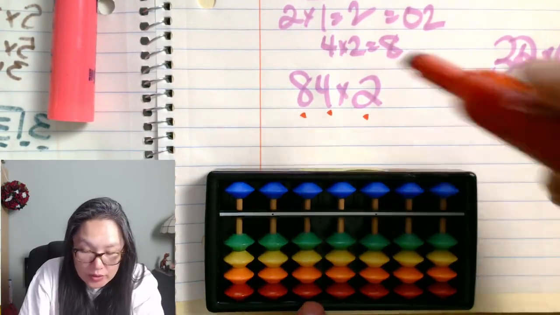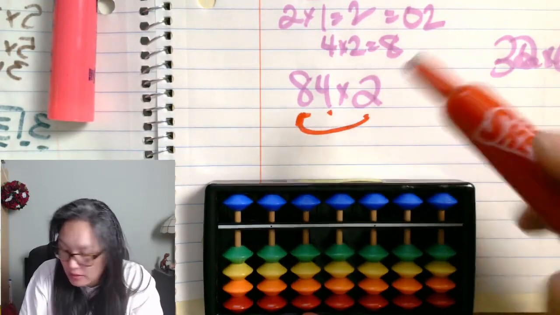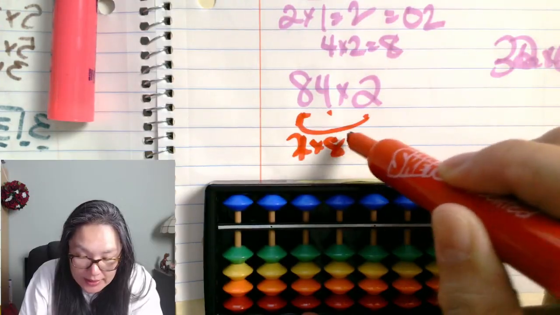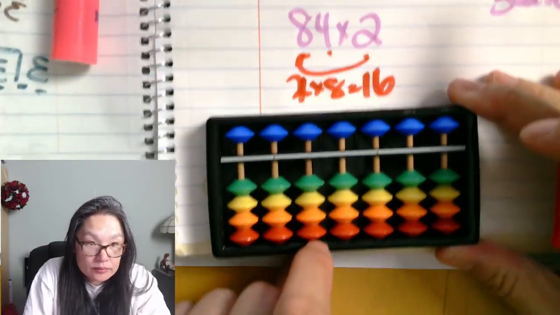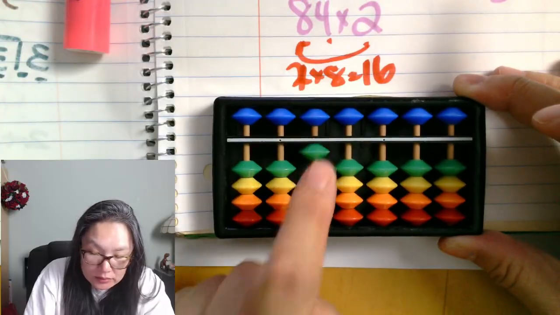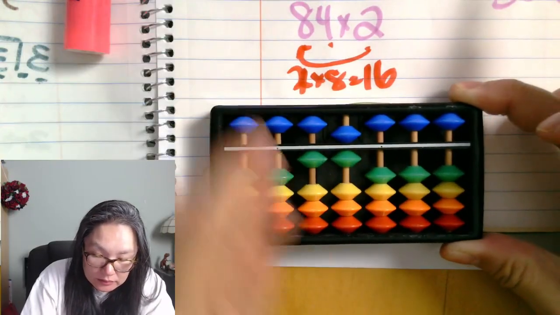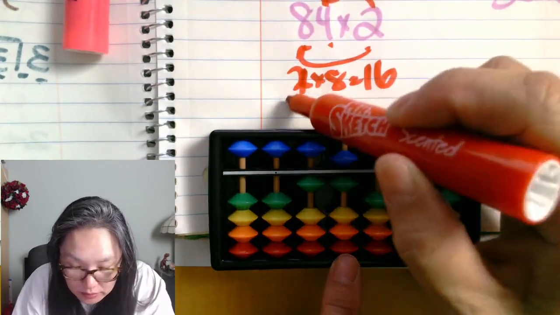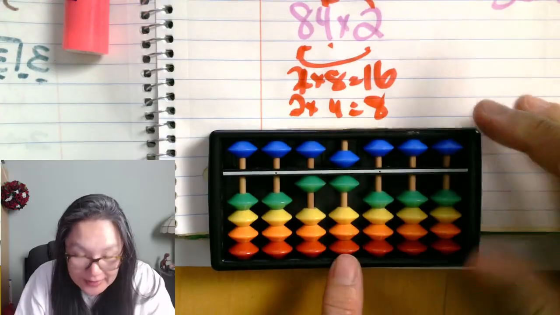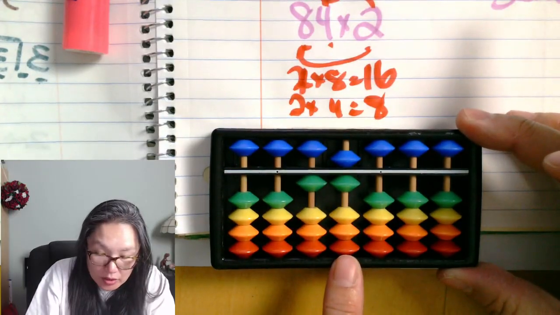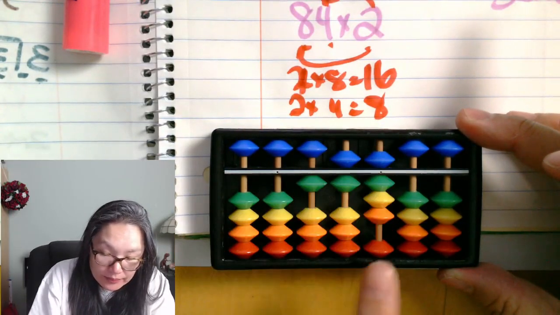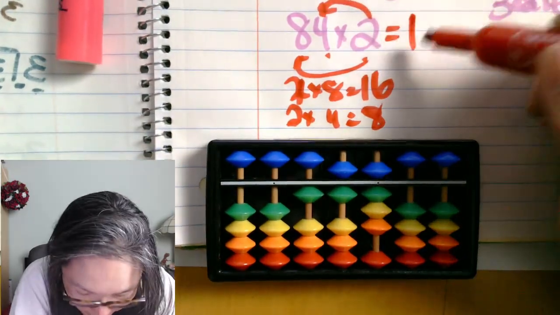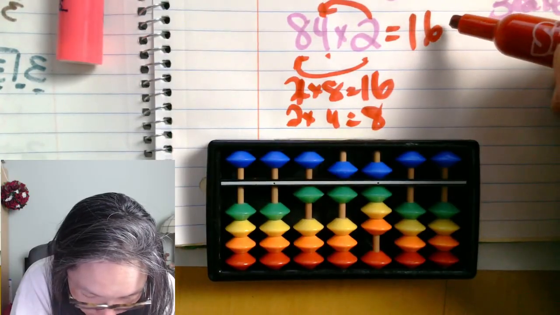Now what do we do? 2 times 8 is equal to 16. I add my 1, I add my 6. Then 2 times 4 is equal to 8. 8 is a single digit. So I go back one column, I add 8. That's it. So what's my answer? My answer is 1, 6, 8.